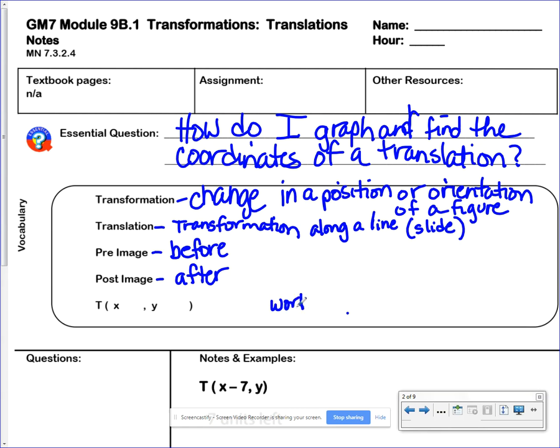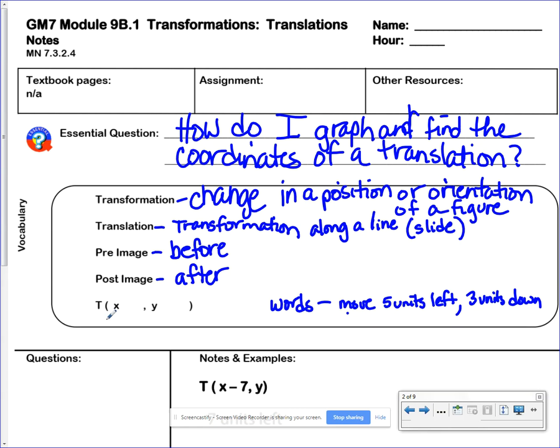And when we use words, we will say something like move, for example, 5 units left and 3 units down. Then what you would do is take every point that you can find and move it 5 units left, 3 units down, and then draw your new figure or your new shape.